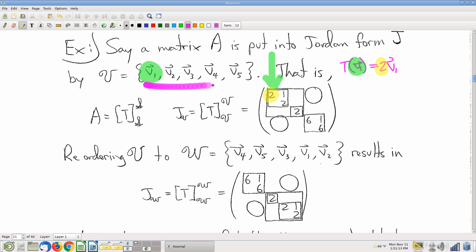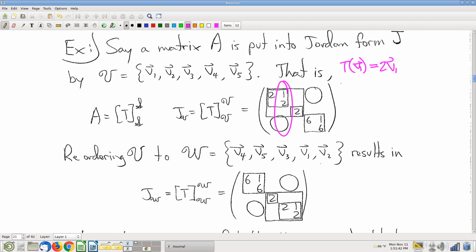So the basis vectors V1 through V5, the yellow numbers are the coefficients in taking a linear combination of V1 through V5. That's just a quick reminder of how 5.3 works. How do matrices represent linear transformations? The columns are the images of the basis vectors. Okay, so along those same lines, let's write down a couple more equations.